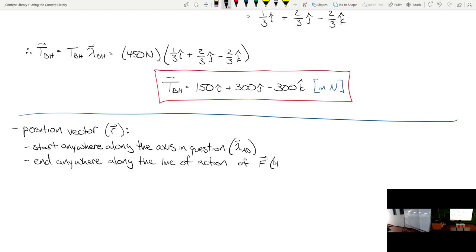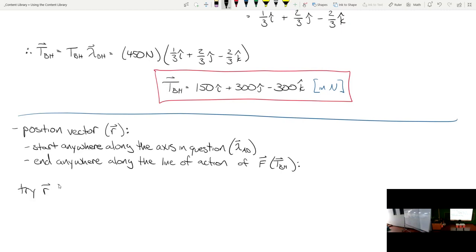Now, in this case, the problem, the F is BH. So really, any permutation from the axis to the line will give us the same moment at the end of the day. So what I'm going to do is I'm going to try R. Let's just try one.